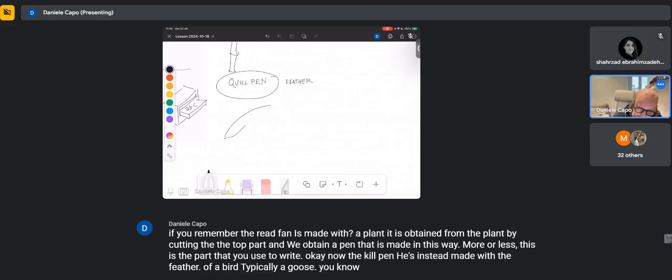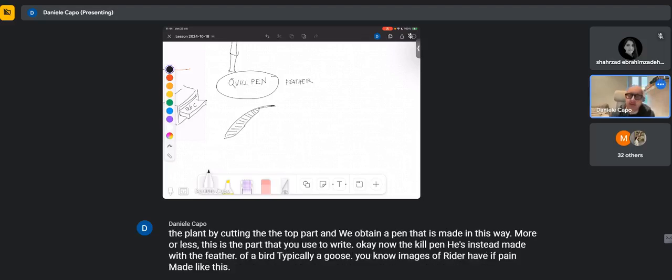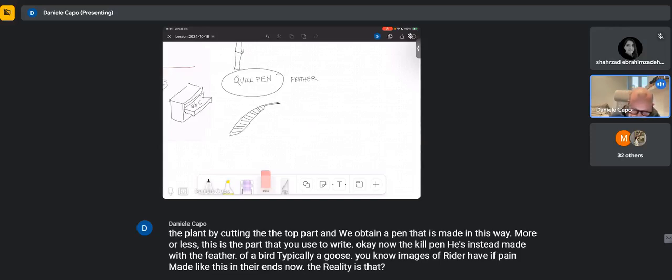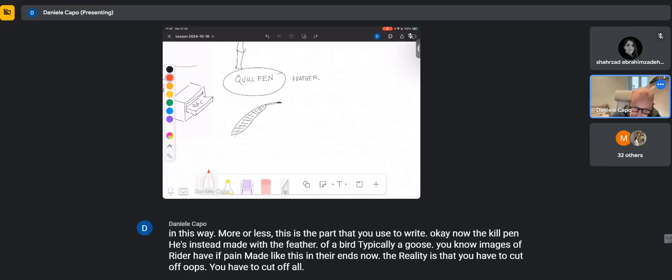You know, images of a writer that have a pen made like this in their hands. Now, the reality is that you have to cut off, oops, you have to cut off all these feathers here.